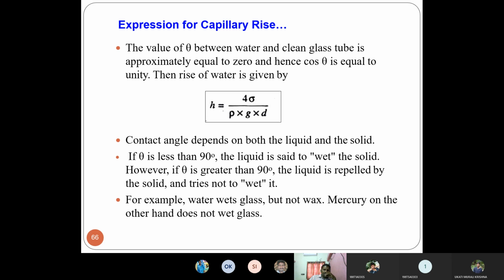For example, water wets the glass but not wax. Mercury, on the other hand, does not wet the glass. So what is the expression for capillary rise? h is equal to 4 sigma by rho g d.